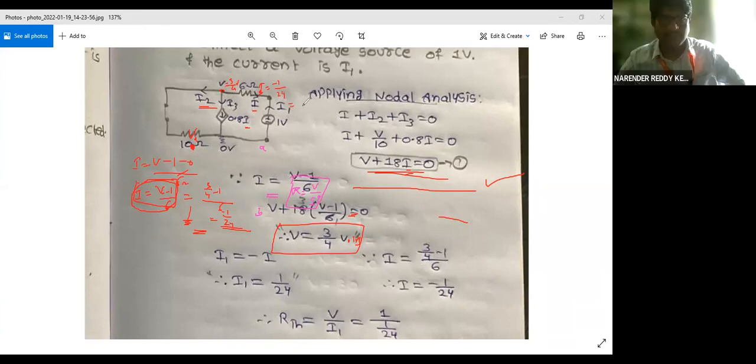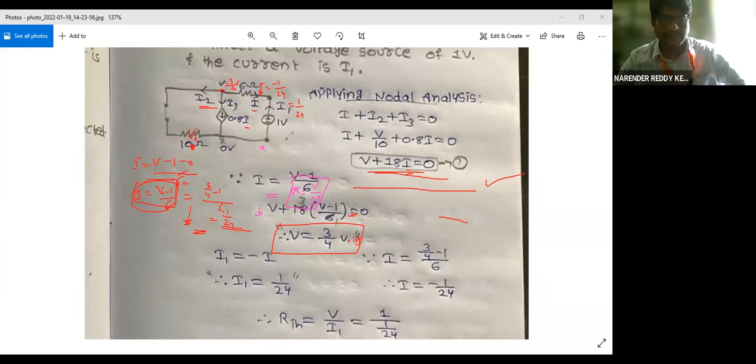This will become a positive value, right? What is this value of I1? Since the direction is reverse to I, and since these two are in series, this is a series path, right? The current remains the same. So if I take the direction of I from left to right as minus 1 by 24, the direction of current from right to left we can take as 1 by 24.